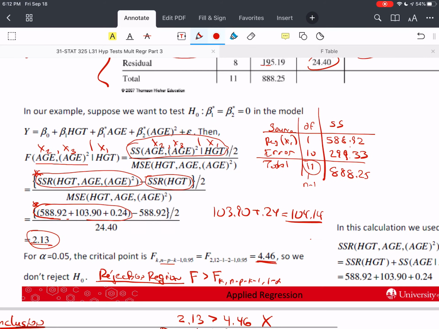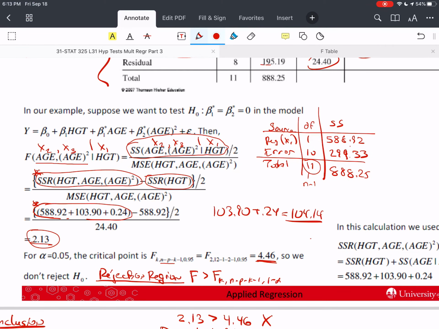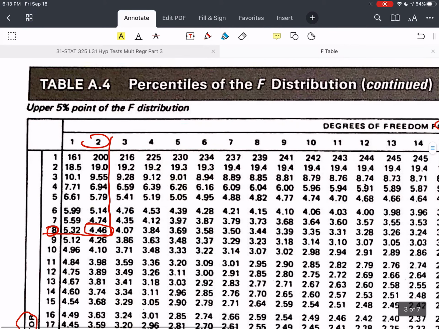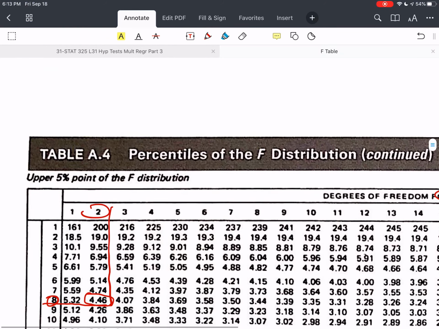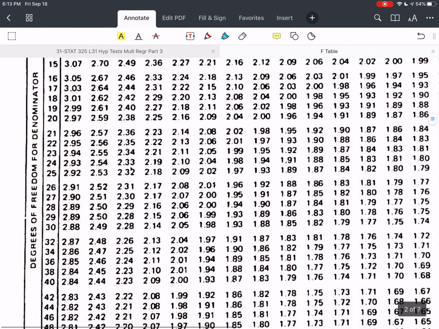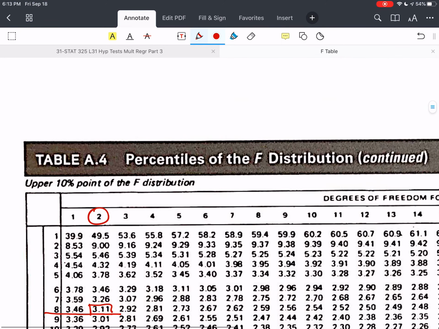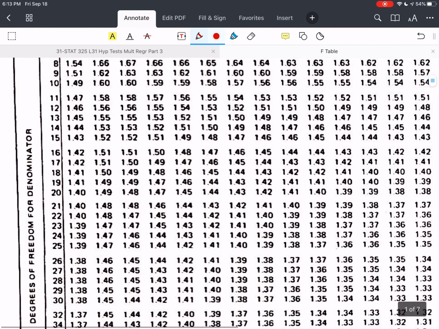So let's see if we can find the 2.13 under 2 and 8 degrees of freedom in the table. Oops, there we go. So here, this was 5%, and 2 and 8 was 4.4, and so do I have 10%? Yep, so upper 10%, so I've got 2 and 8, and so 3.11, and so we don't have, do we have any? Oh, we do, good.